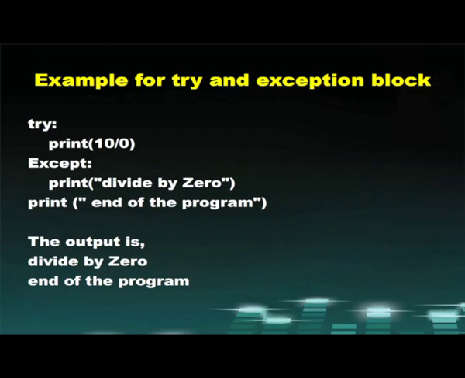In our case, it is a statement that divides 10 by 0 and prints the result. This statement throws an exception. So, we have an except block that catches the exception and handles it. This leads to graceful closing of the program.